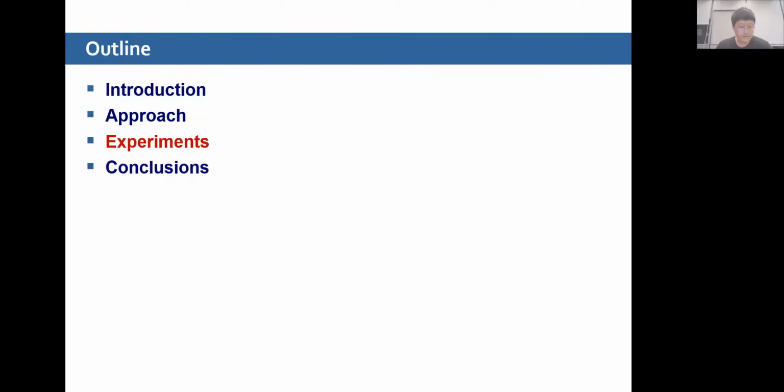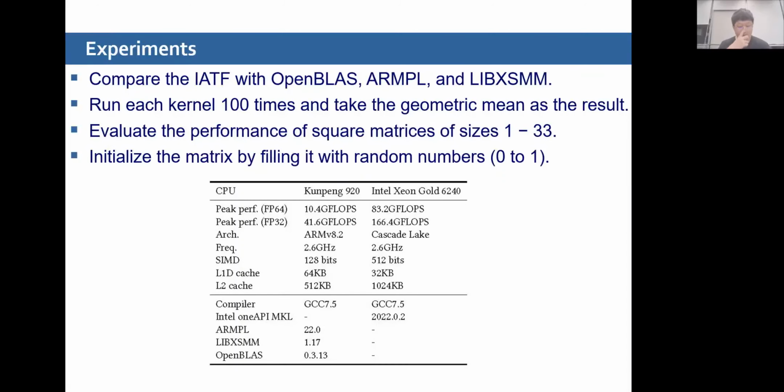We have done sufficient performance comparison tests to fully demonstrate the performance of IATF. We compare the IATF with OpenBLAS, ARMPL, and libxsmm. Run each kernel 100 times and take the geometric mean as the final result.